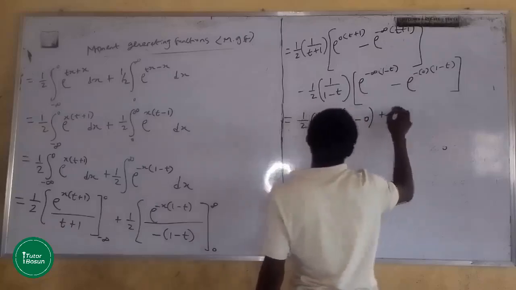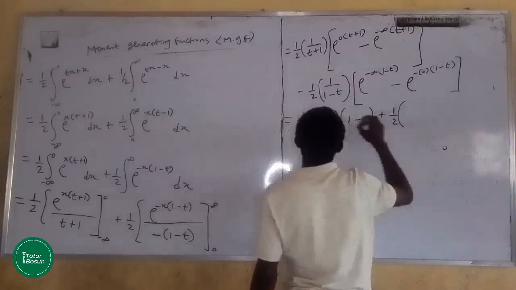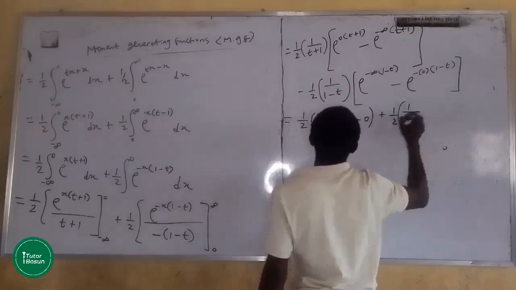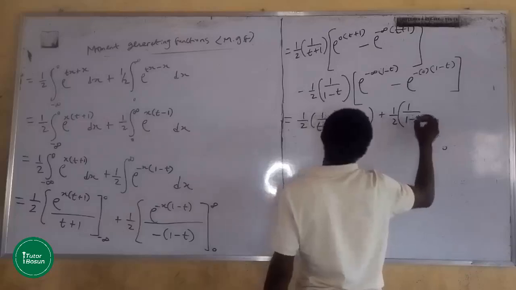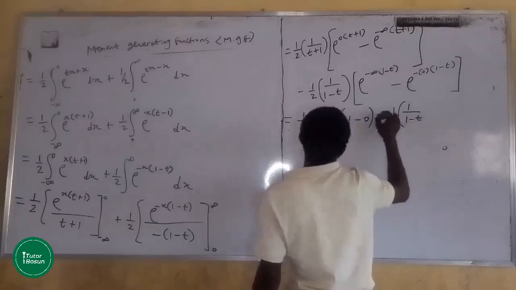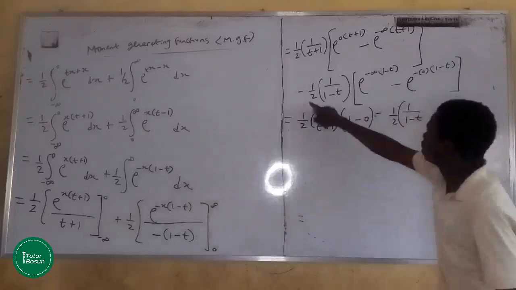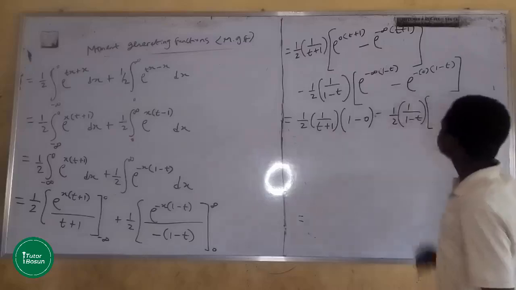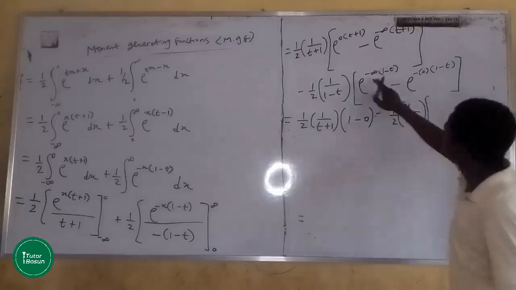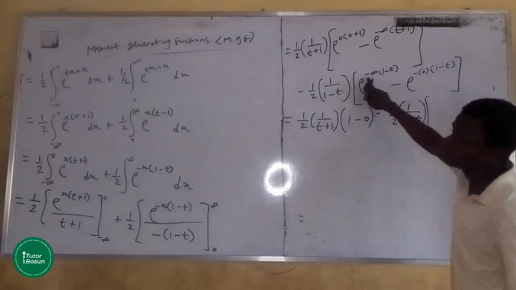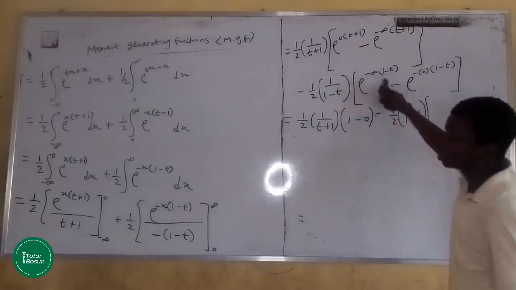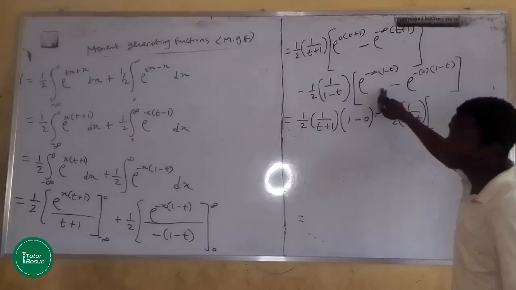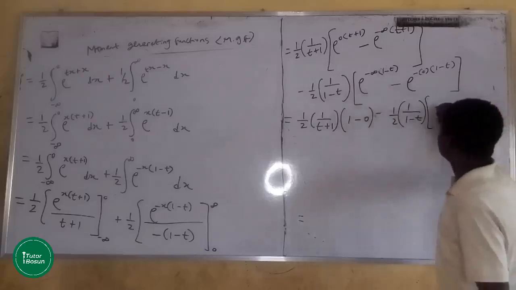1 minus 0 plus 1 over 2 into 1 over 1 minus t, minus 1 over 2 into, this becomes 0 because exponential raised to power minus infinity is 0.